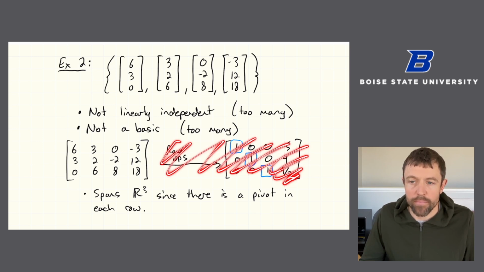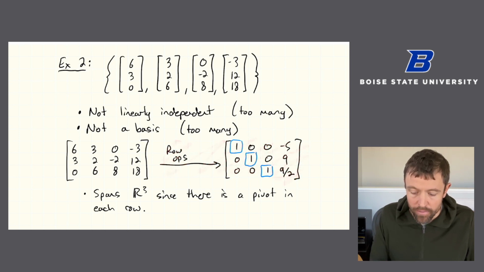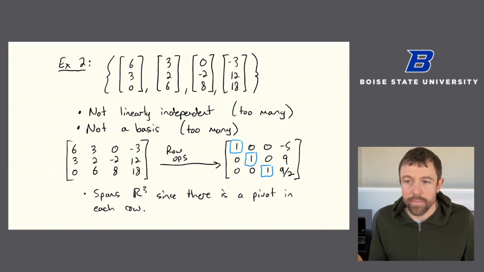If you think about the method of converting a matrix to echelon form, you can only end up with one pivot in every row. And I only have 3 rows. So I can look at this matrix and say there's going to be at most 3 pivots. There's 4 columns. There's no way there can be a pivot in each column.